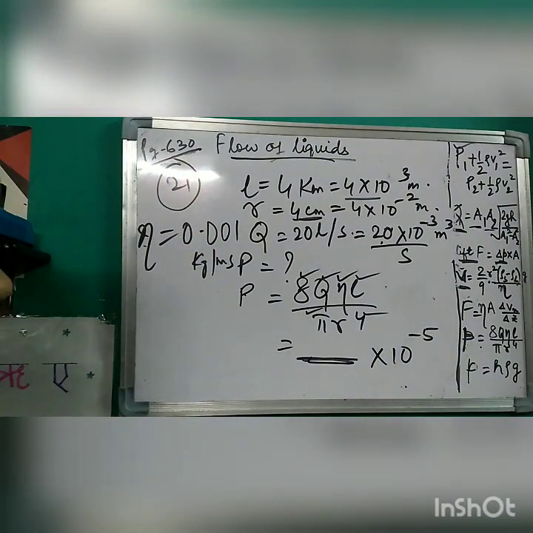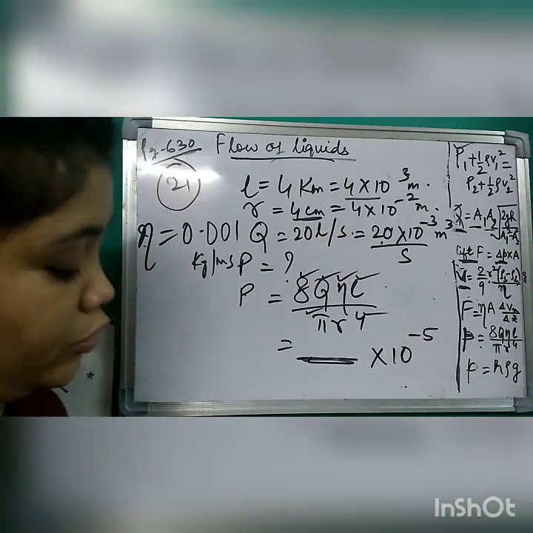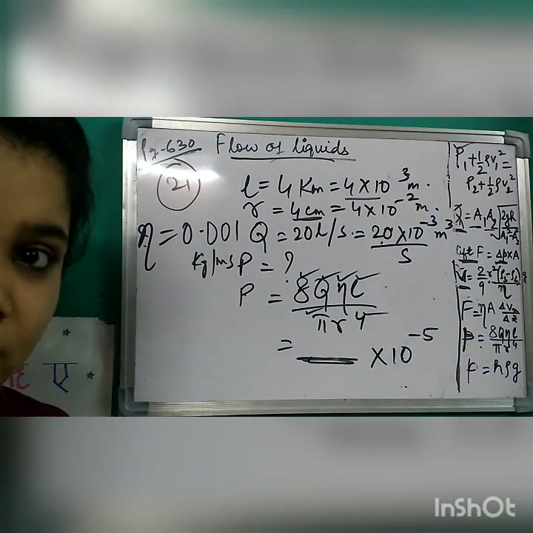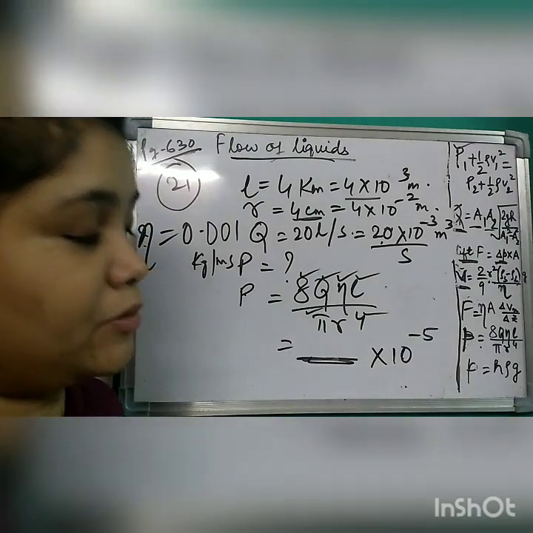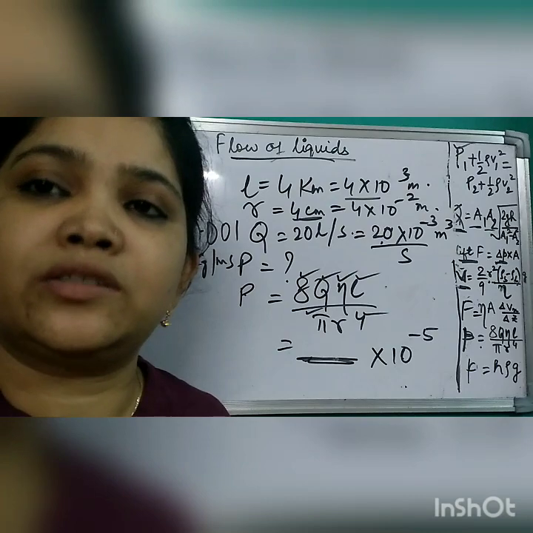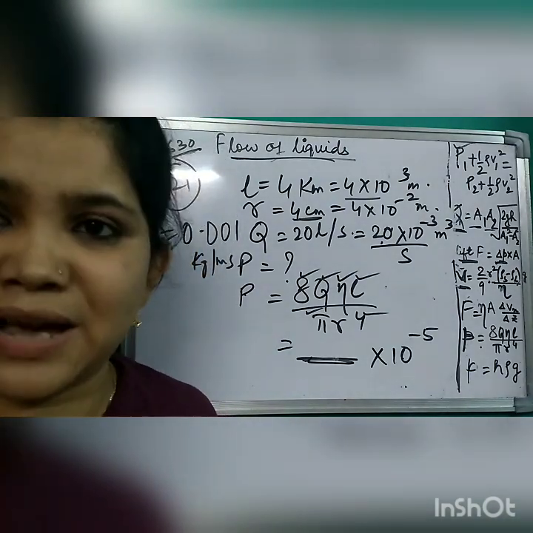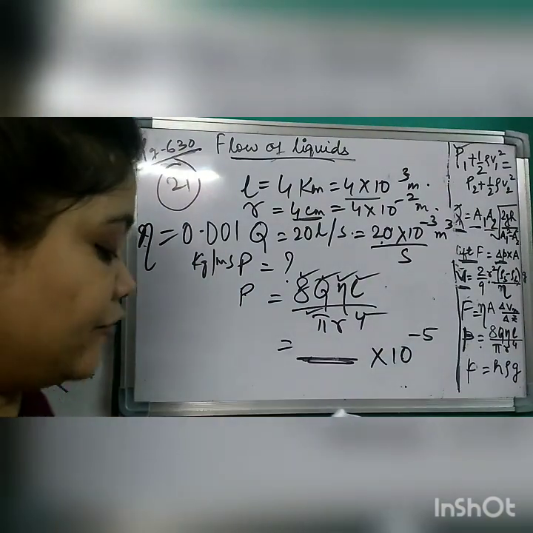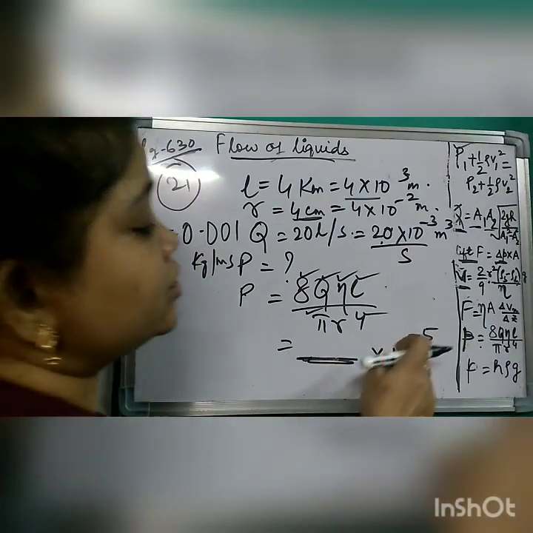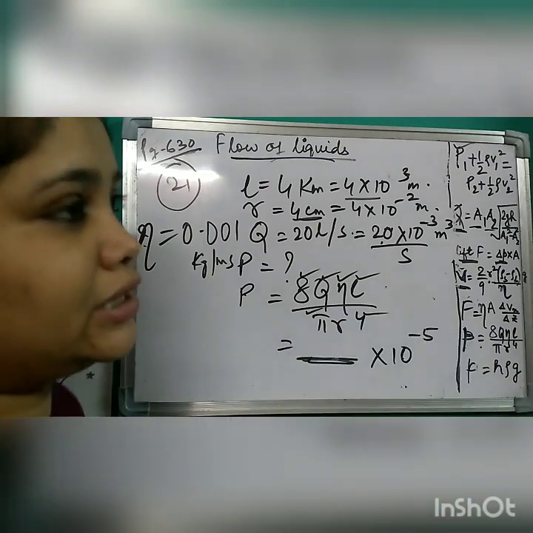You know that one atmospheric pressure is 1.013 into 1 lakh pascals, 10 to the 5 pascals. So after solving this, you just multiply with 10 to the minus 5 and convert this into atmospheric pressure.